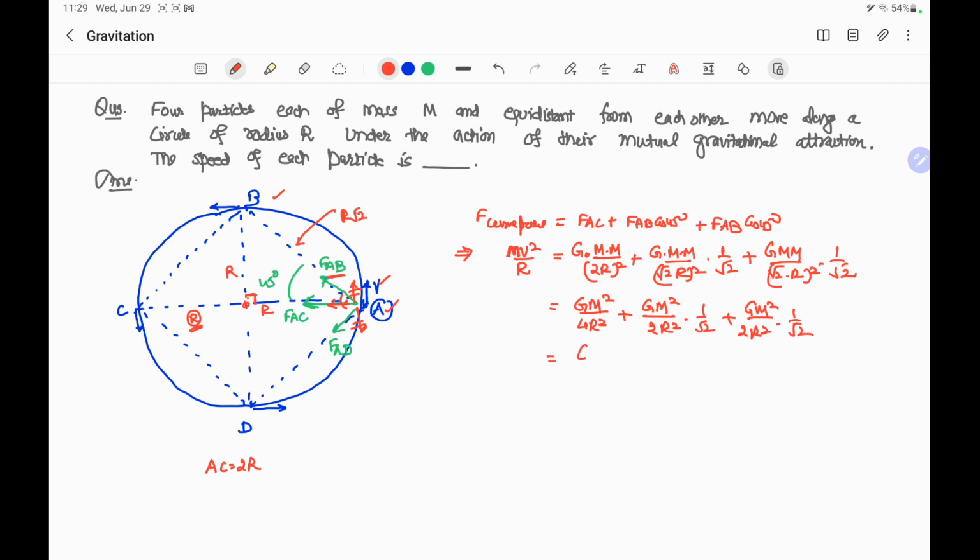Or further we can write it is GM square by 4r square plus, because these two terms are the same, we can write it is 2 into GM square by 2r square into 1 by root 2.